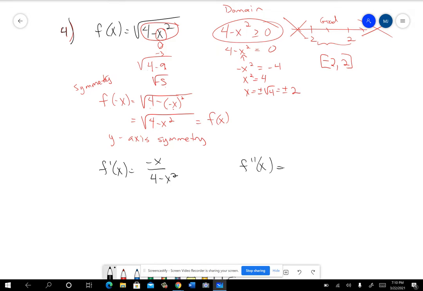And when we did the second derivative, that one was a little harder to simplify, I felt like. We got a negative 4 over 4 minus x squared raised to the 3/2 power. And this one is 4 minus x squared under the radical, or raised to the 1/2 power.